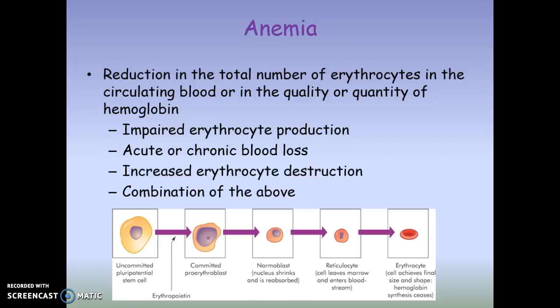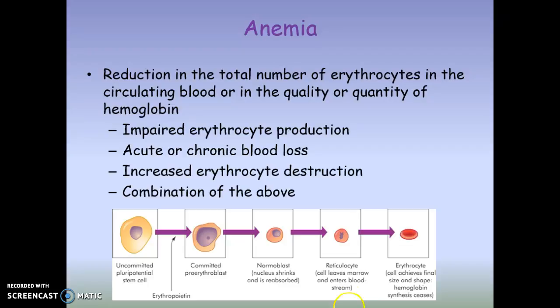In the normal adult, you typically have 4.2 to 6.2 million cells per microliter of blood, which is quite a bit. Your hematocrit is 42 to 48%, and your hemoglobin levels should be around 12 to 16.5 grams per deciliter.